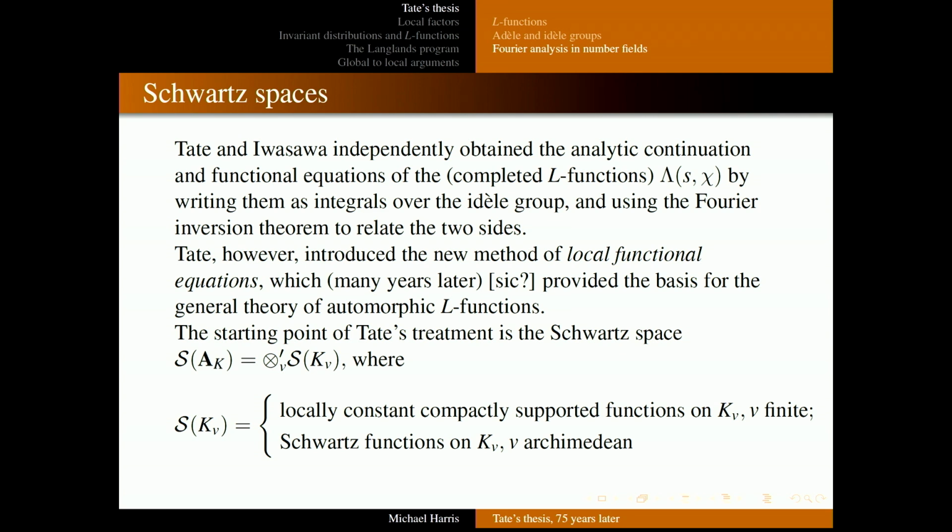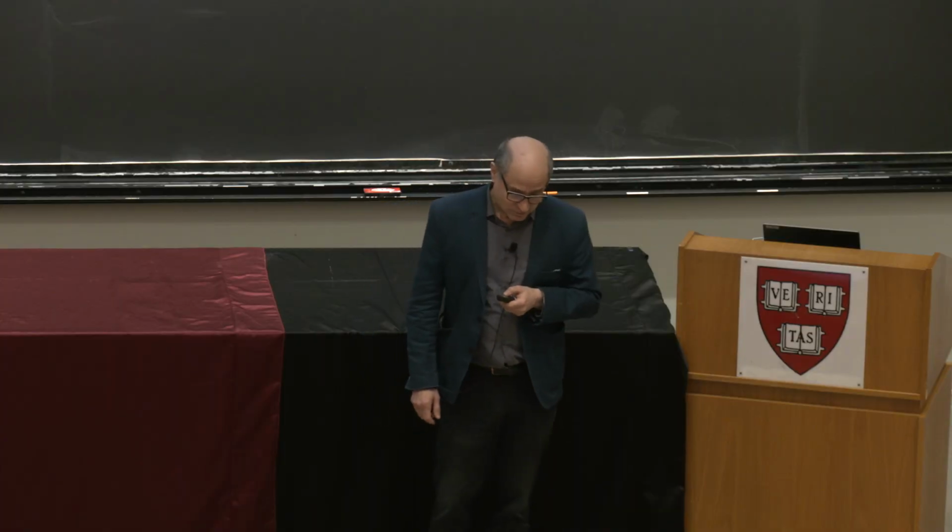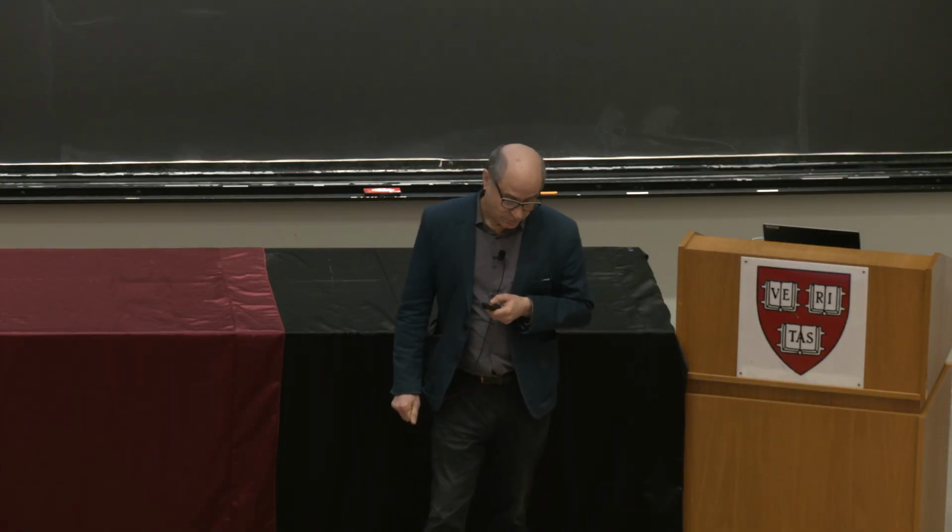But it's restricted in the same way that the Adeles are restricted. So for the non-Archimedean factors, this consists of the locally constant, compactly supported functions on the field, and at the Archimedean places, they are the Schwartz functions, C infinity functions that are rapidly decreasing with all their derivatives.